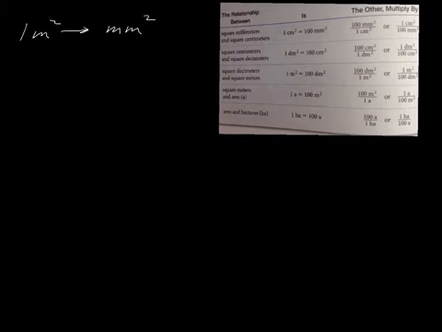So I've got 1 meter squared times a line here. And what I'm going to do is I'm going to use this conversion chart up here. And notice that, remember on the last chart I said you're going to write down exactly what they have here. So I've got a meter squared here. So I'm trying to go from meters squared to millimeters, but the only thing I have with square meters is decimeters.